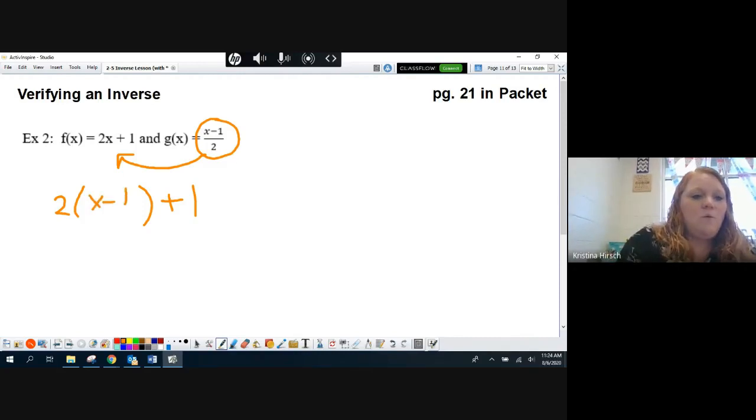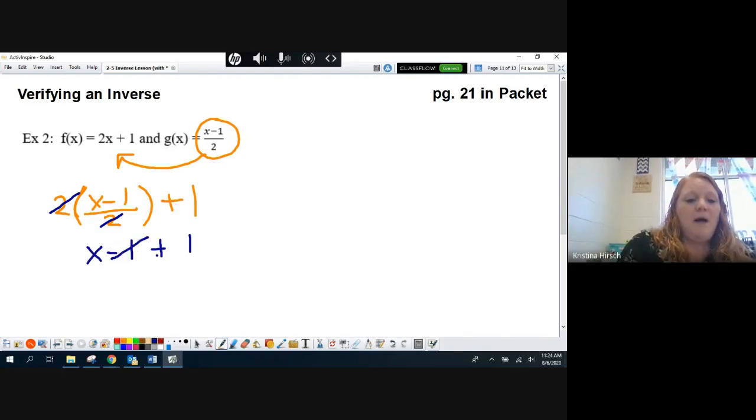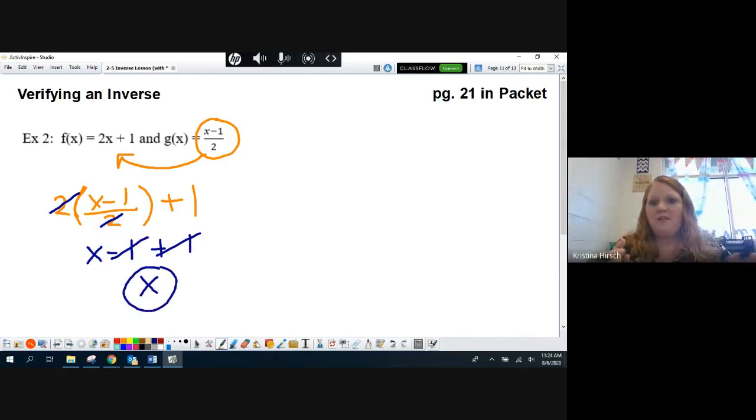So x minus 1 over 2 goes in the parentheses. Now I need to solve that. The opposite of dividing by 2 is multiplying by 2, so that actually cancels out, leaving me with x minus 1 plus 1, which zero out, leaving me with just x. So we're okay on that side.